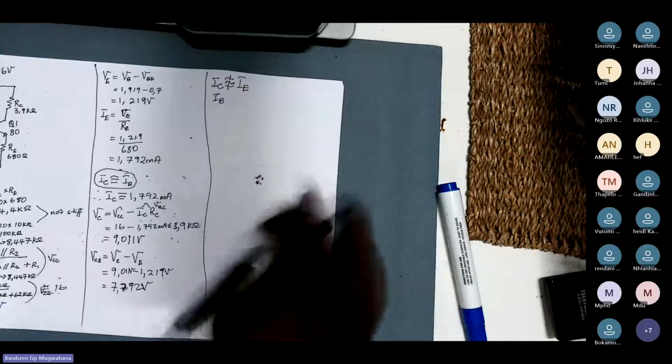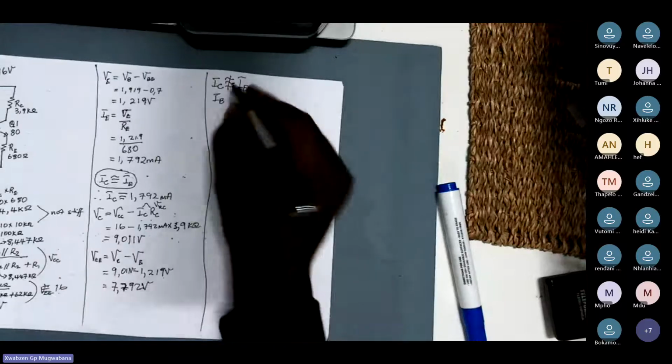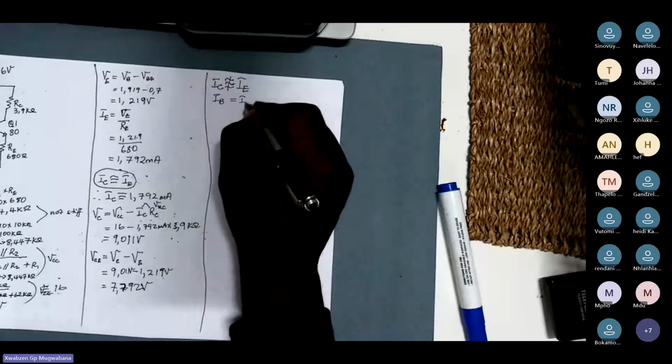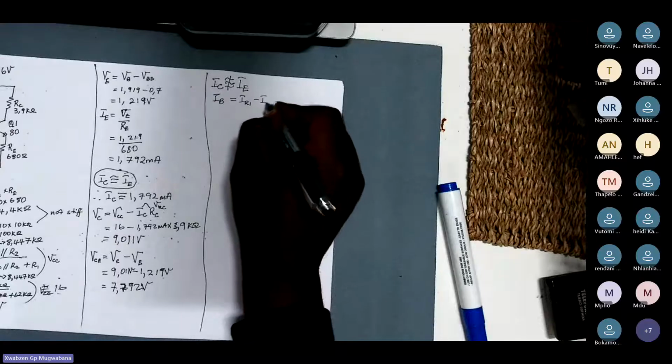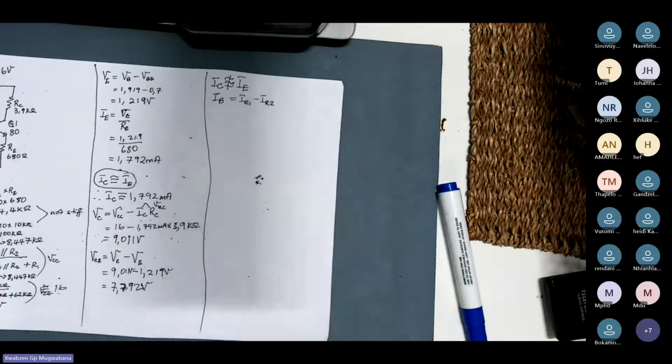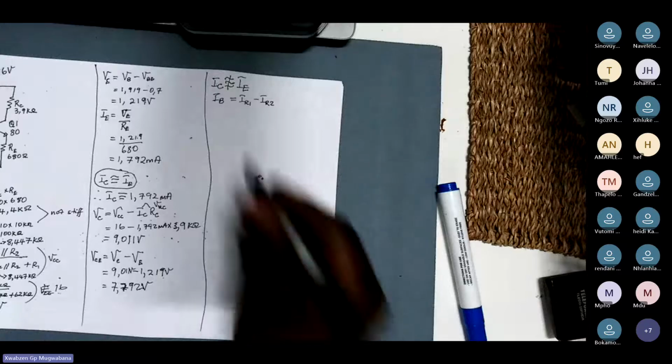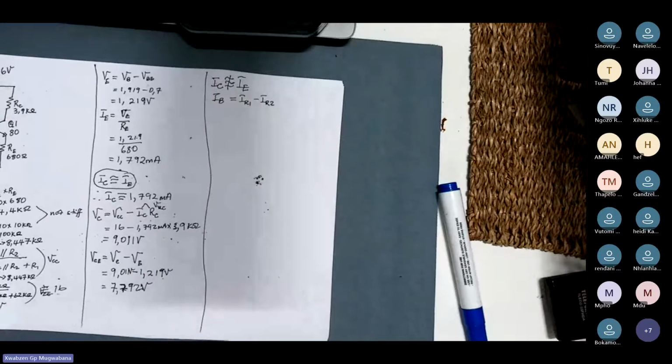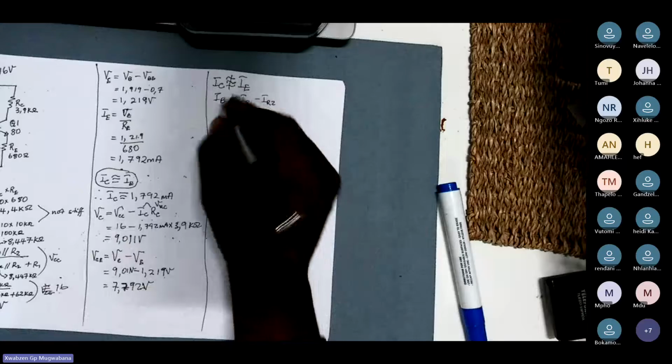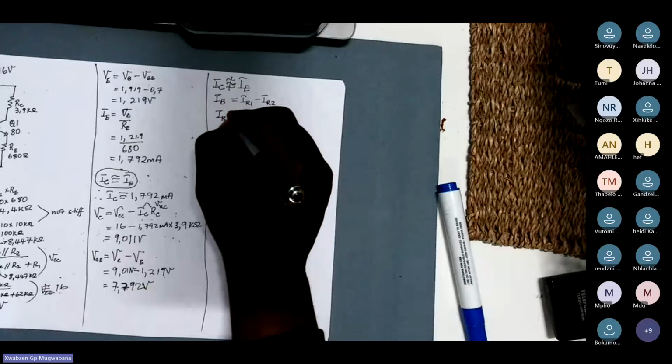And for us to find IB, what must happen? IB must be IR1 minus IR2, isn't it? This is the equation, which means I must find IR1.